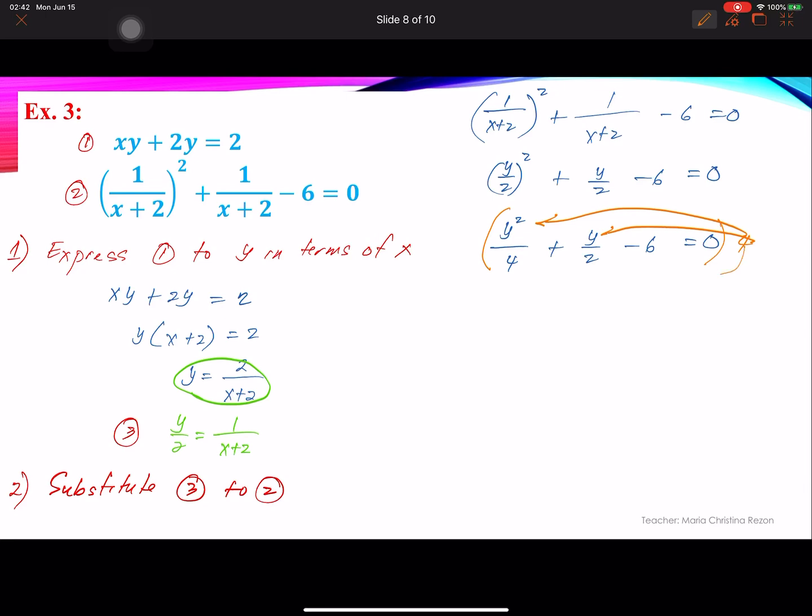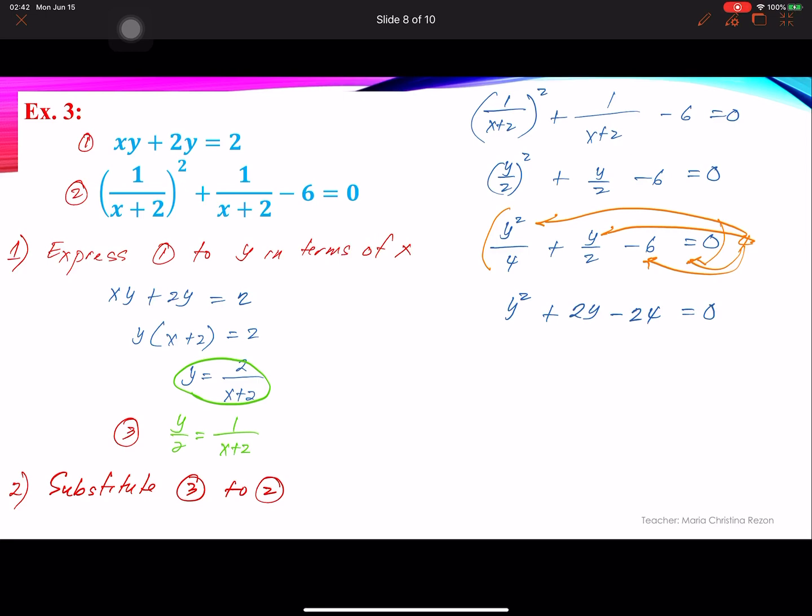So what happens here is you will have y squared plus 4 times y over 2, that gives you 2y, and then 4 times negative 6, that is negative 24, which is equal to 0.